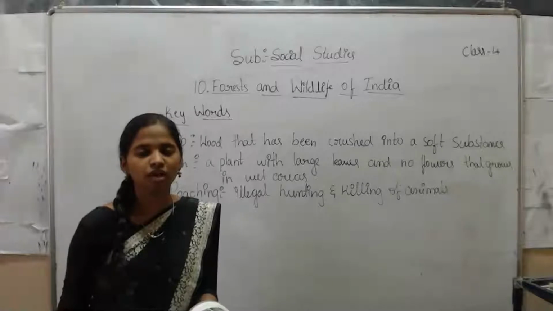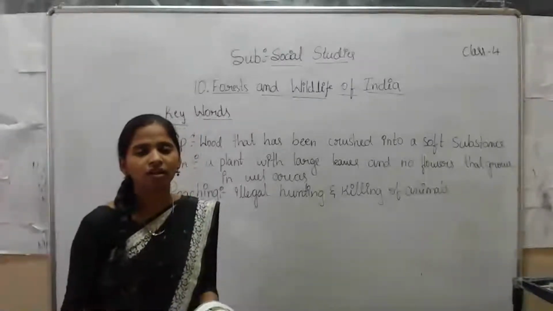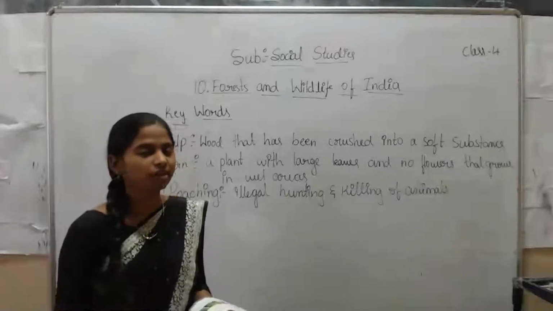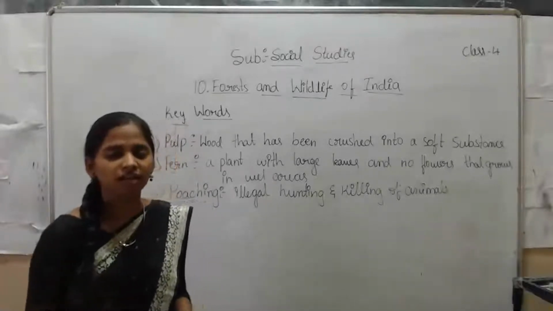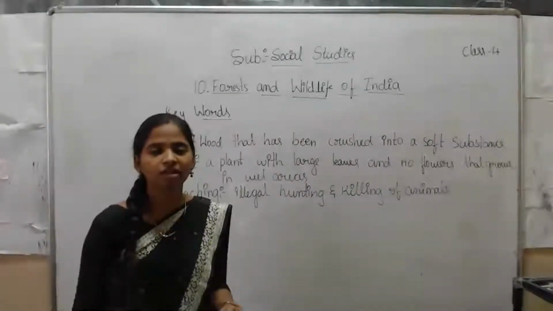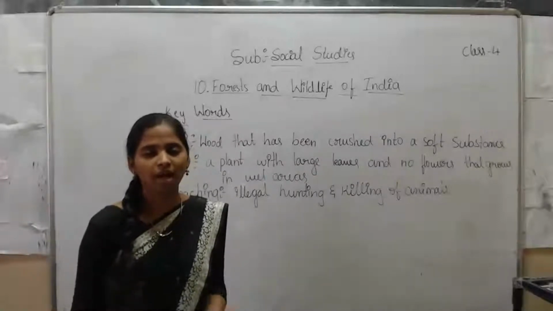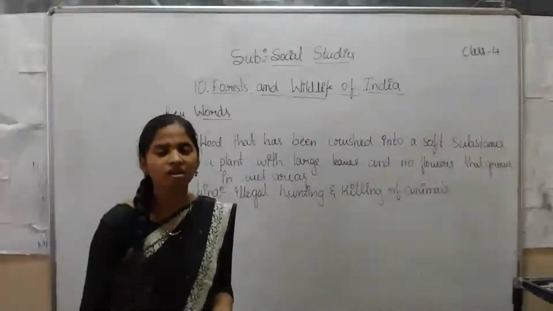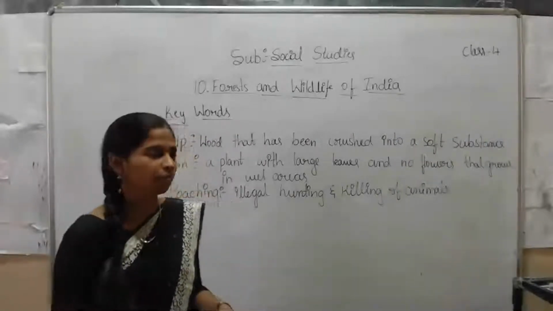Before making the juice, we get a thick matter of the fruit. That is called pulp. So when wood has been crushed and taken the shape of a soft substance, it forms a pulp. The hard wood has been crushed to become the soft substance, that is called pulp.